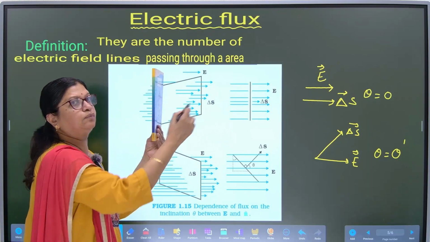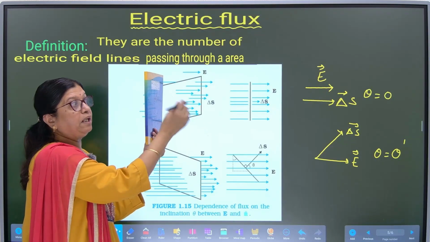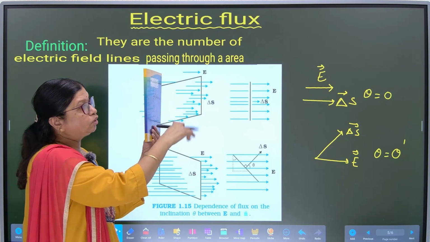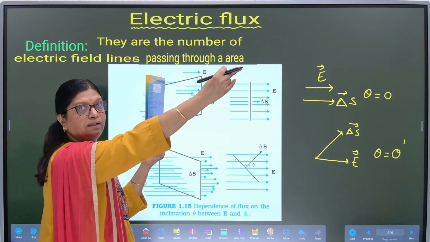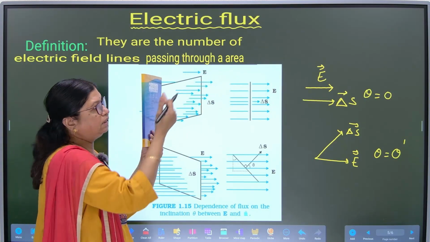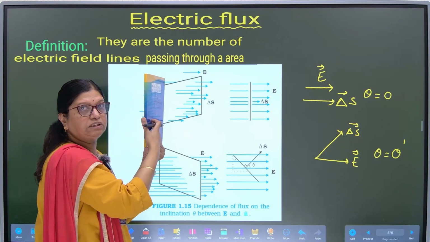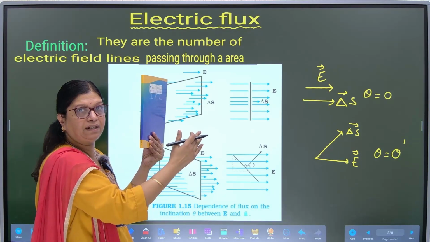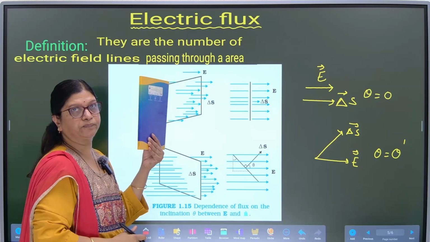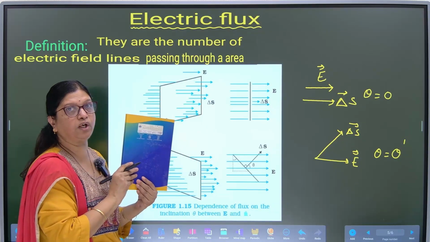That is the direction of the electric field. So what is the area element? The area element is perpendicular to this surface. The direction of the electric field is also in that direction, and the direction of the area element is also perpendicular to the surface. So what is the angle between E and delta S? 0. Right?